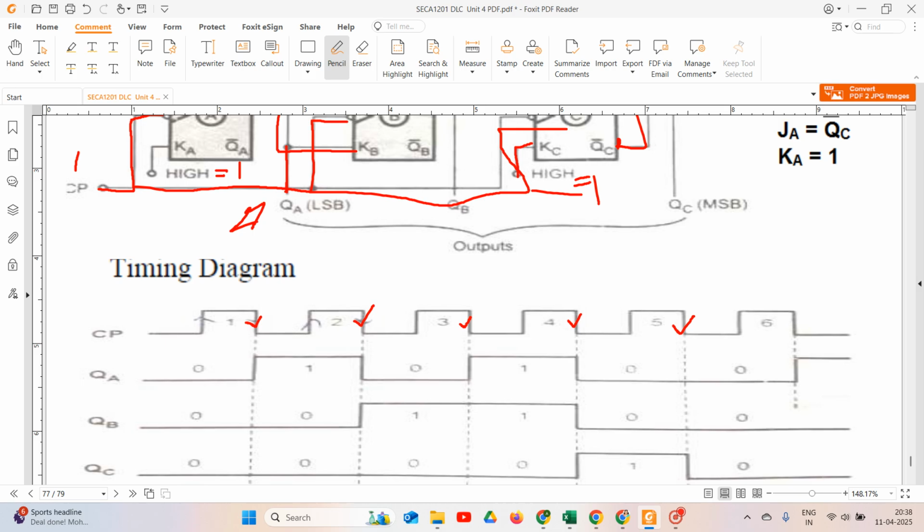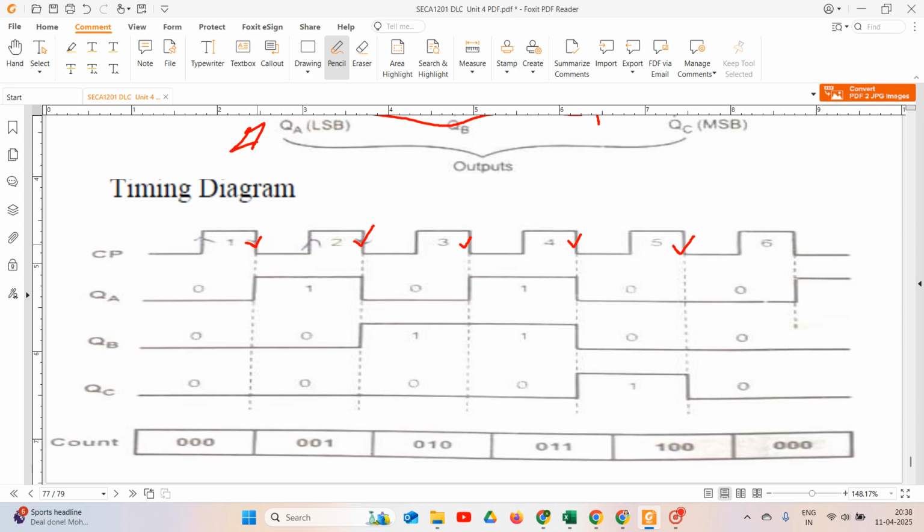As it is working under the negative edge of the clock pulse, every output triggers only at the negative edge of the clock pulse. Each flip-flop triggers only at the negative edge. Initially, all the outputs QA, QB, QC are 0.